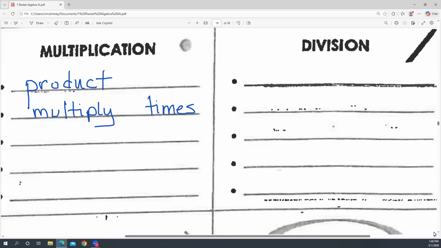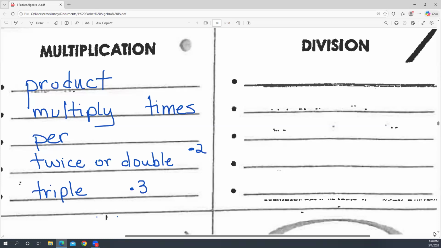We know we're talking about multiplication. You might also see the word per. And then we're going to have some words that mean multiply by a specific number, like twice or double mean to multiply by 2 specifically. And then triple means multiply by 3.